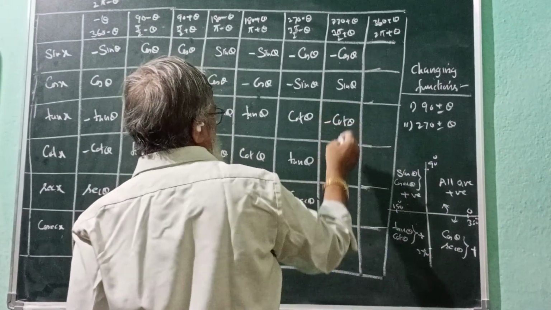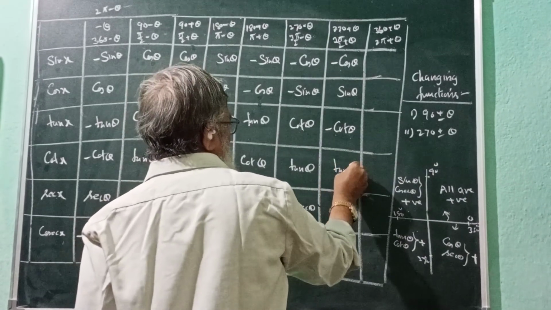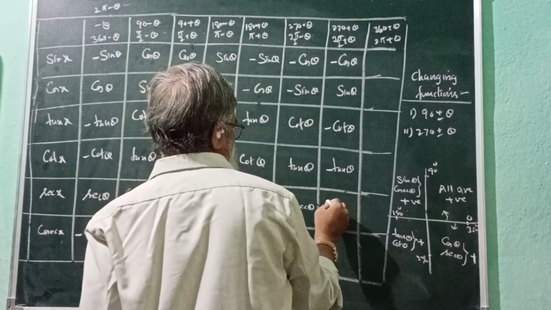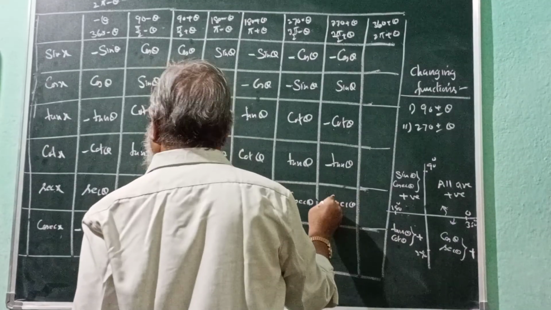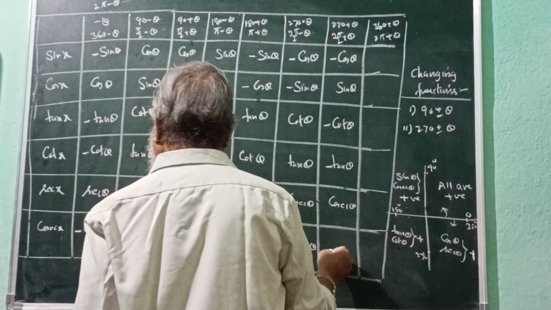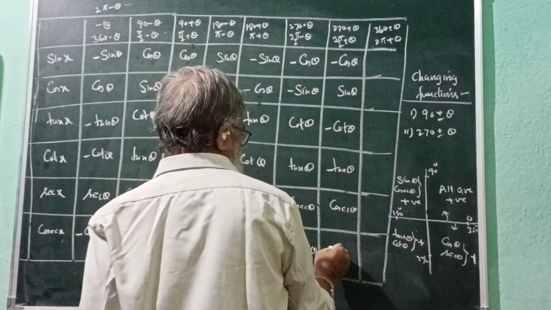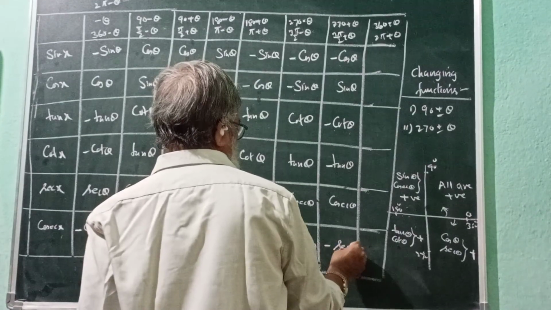Cot is negative. Cot will become tan. That is negative. Sec will become cosec. Cosec is negative, and sec is positive. It is minus sec theta.